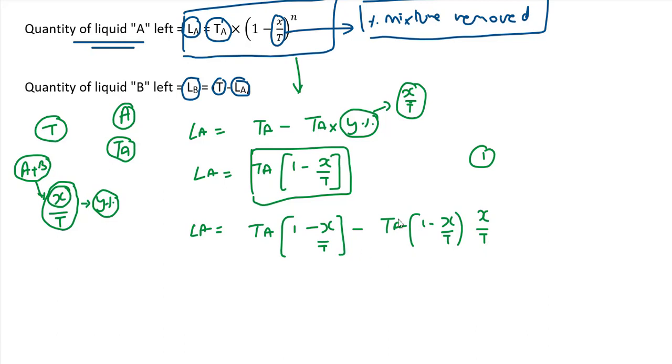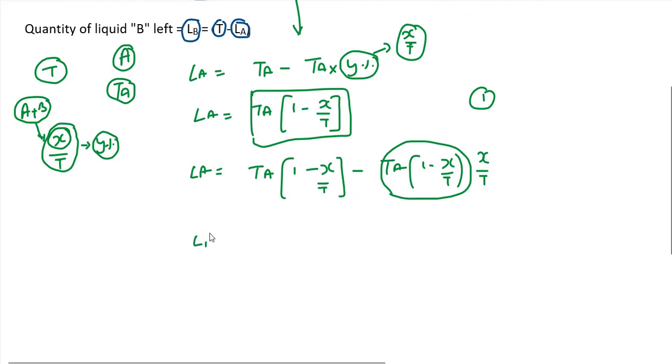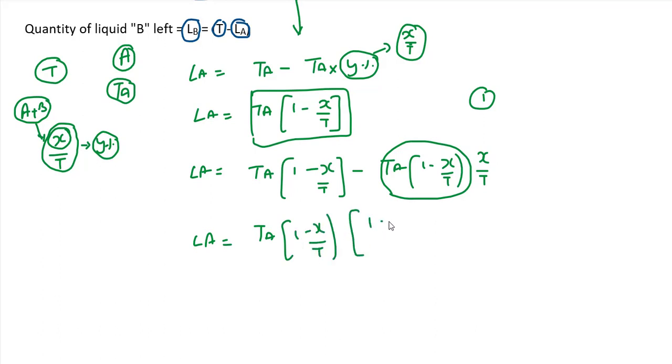So from this we can take this entire thing common, TA into 1 minus X by T. So we will get liquid left in the container as TA into 1 minus X by T, which is common. Then inside the bracket we will have 1 minus X by T, which we can write as TA into 1 minus X by T the whole square.